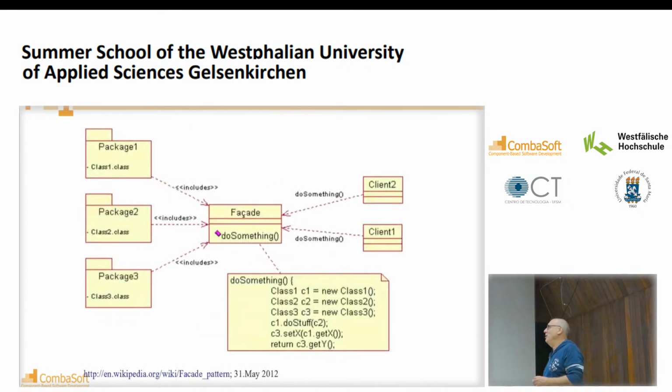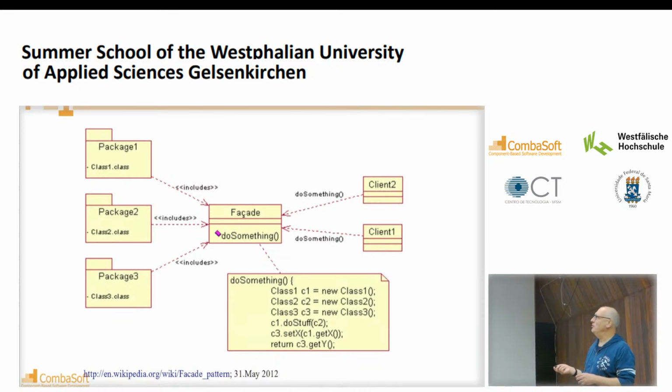Here's an example. It's more programming oriented. We have some packages, and the facade is a facade to these packages, to the clients. The clients say, "I want you to do something for me."